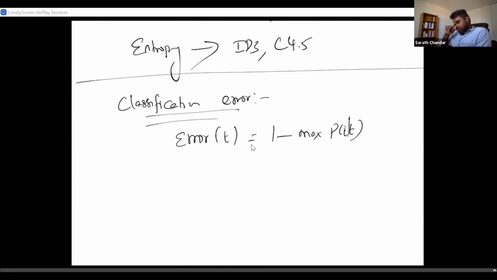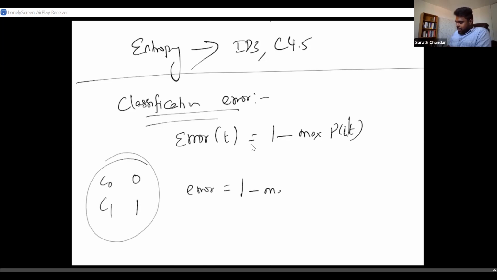I don't have an example in the notes, but let's do one. Let's say class 0 has probability 0 and class 1 has probability 1. Now my error is 1 minus max of 0 comma 1, right? The probability of the first one is 0, probability of the second is 1. So it's going to be 1 minus 1, which is equal to 0.